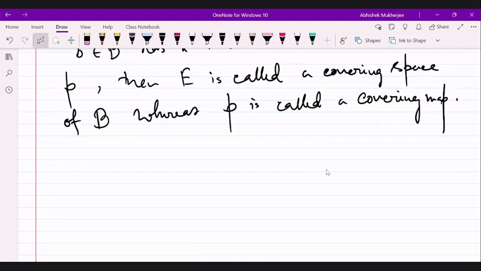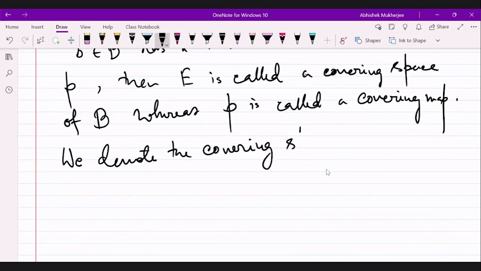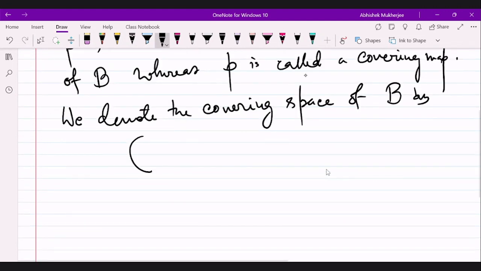So we would like to denote the covering space of B by this pair B tilde, small p.